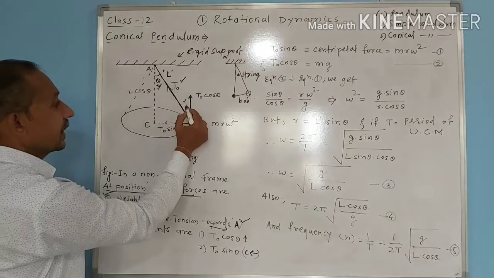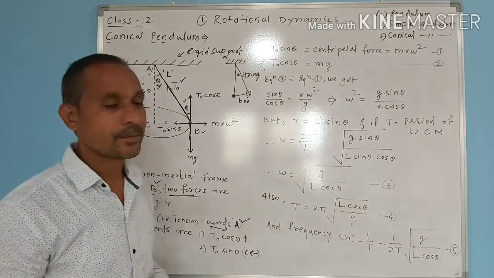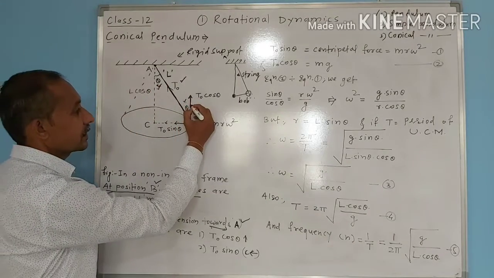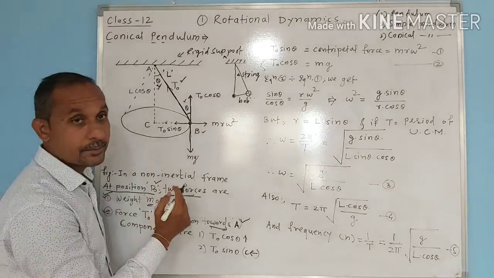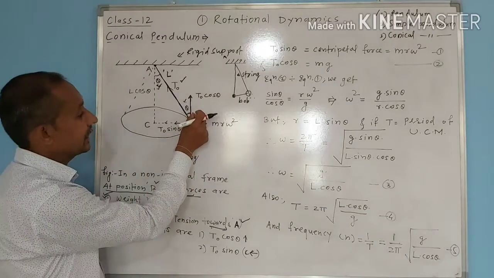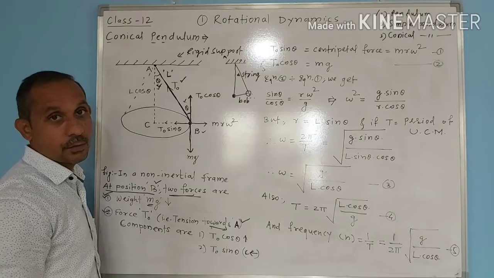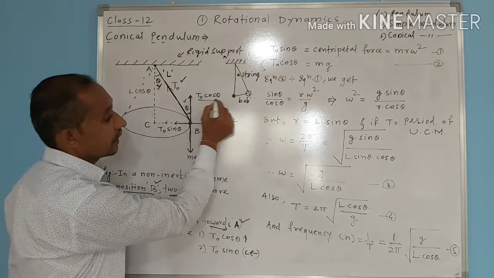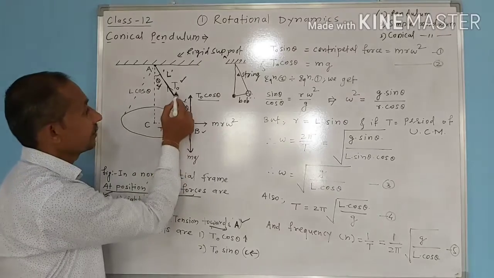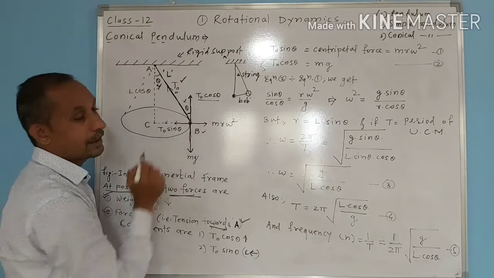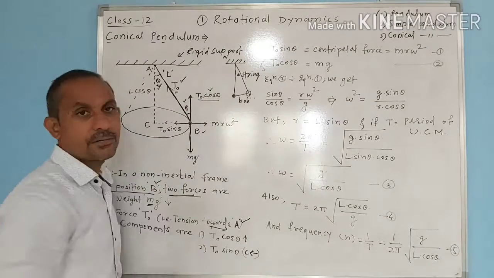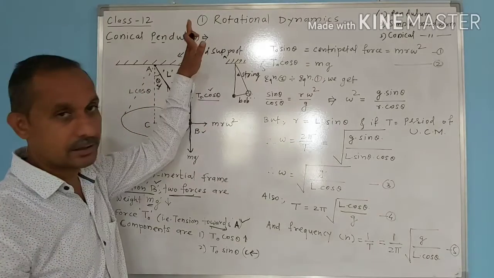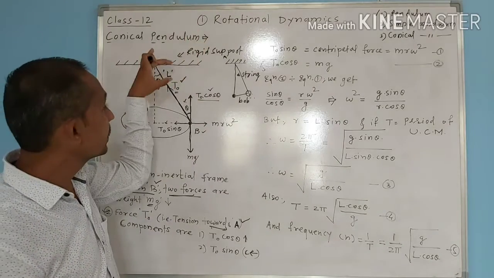So angle theta and angle theta will be the same. So this is the direction or line which is adjacent to this force. So along the adjacent side we get a component, and that component will be T0 multiplied by cos theta. This is the first component.